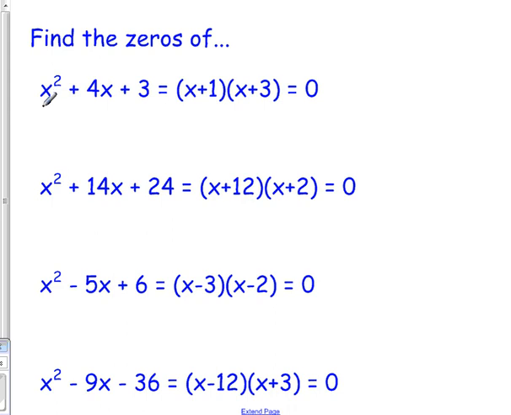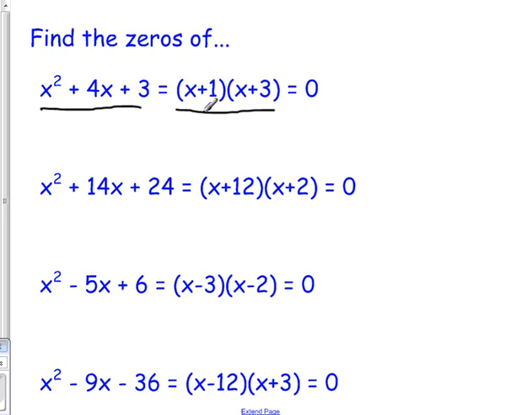Well, x squared plus 4x plus 3 is the same as this expression, x plus 1 times x plus 3. And that's something that's really tough for kids to understand, that this is the same as this. All we did was we're not FOILing this out, we're just leaving it in factored form. So these two are the same.